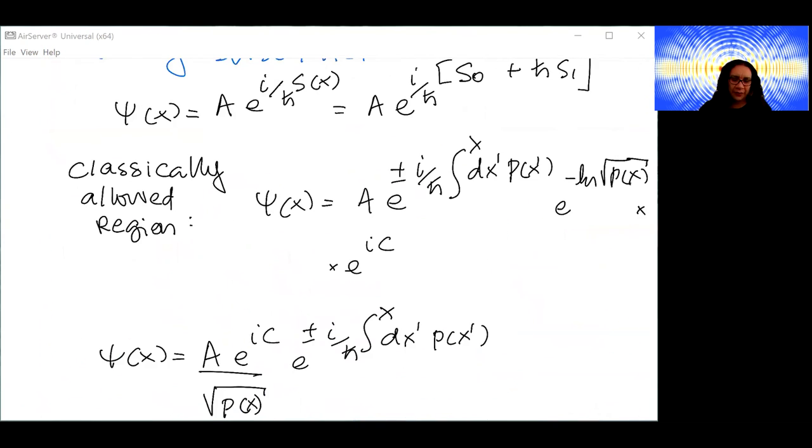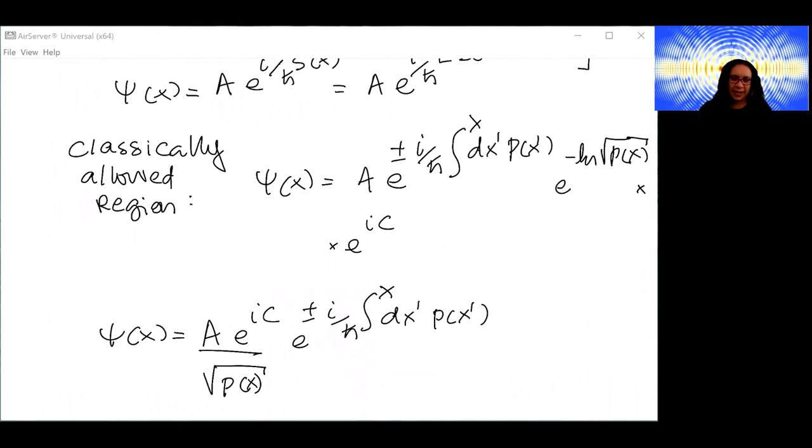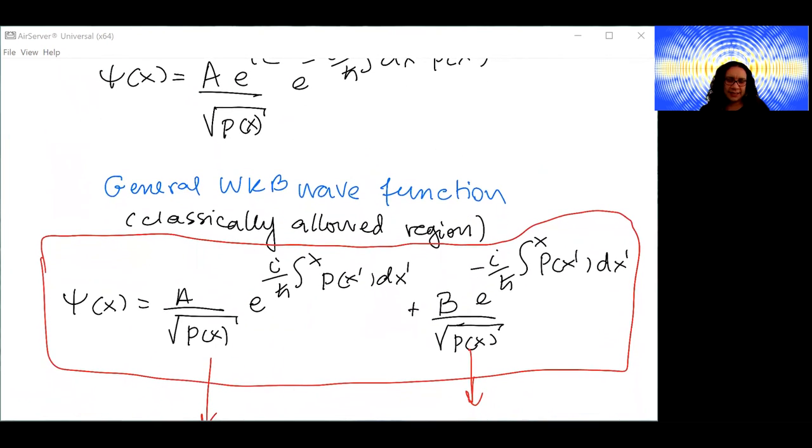This is something you can see, for instance, already at the beginning here, you had this plus minus. And this came from the solution that you find for S to the 0th order. And what you find then is that obviously, if you want to make it the most general possible solution that you have, you need to consider both possibilities, the plus and the minus. And that's what we have done.